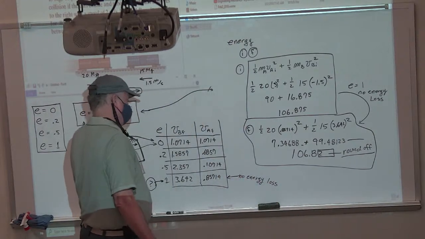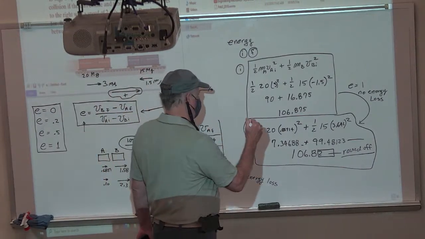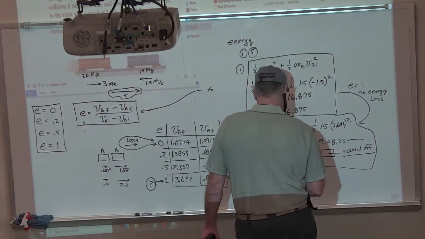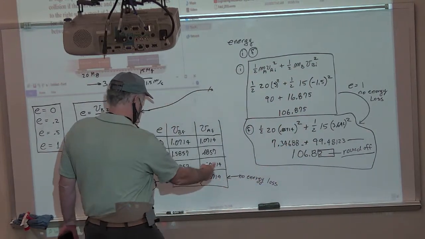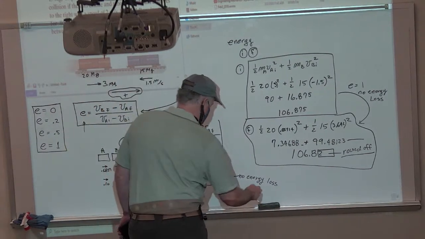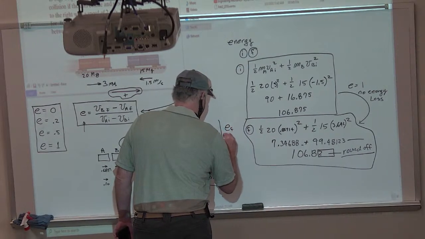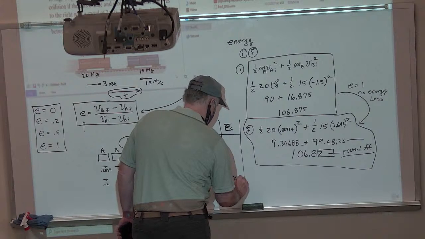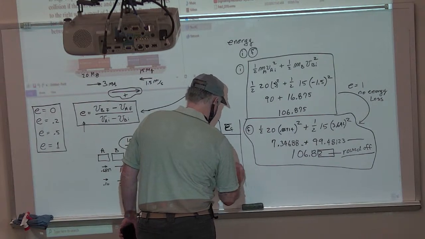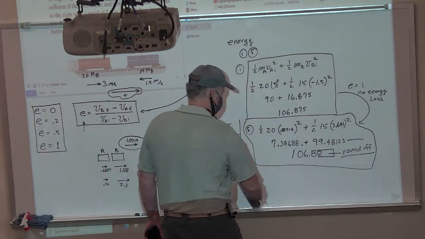Now, is that the case here? Let's take a look at it. I don't have another marker, but I'm going to erase it because you can rewind it and look at it. I'm going to go through these one at a time. In fact, I'm going to put e-final here. 106.8. I'll just truncate it at that first digit because all of these are going to have truncations in here, and I'm squaring them, so they're going to get worse.